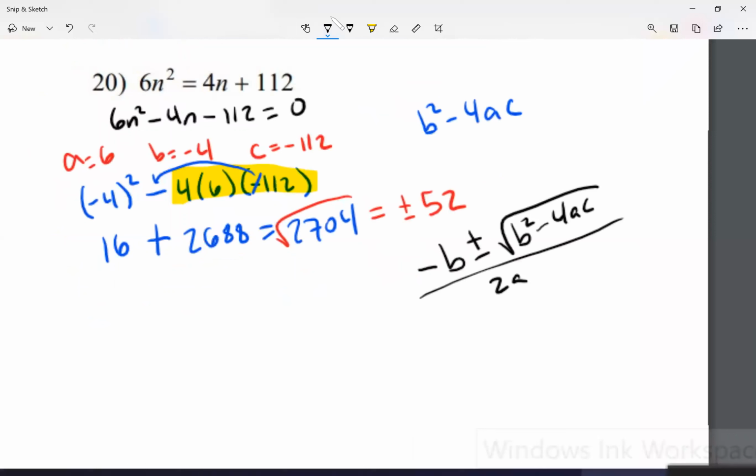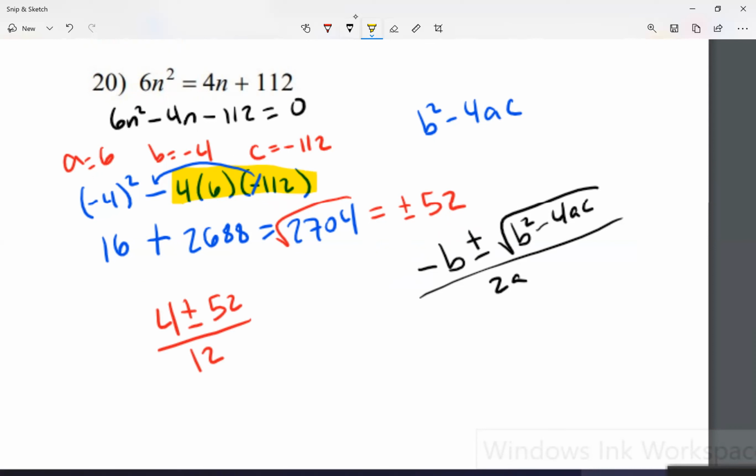So negative B, that's what we start with. My B is a negative 4. So the negative of a negative, I'm going to have positive 4, plus or minus 52 over 12. Right? 2 times A, my A was 6, so 12. And then I start by looking at my whole numbers.